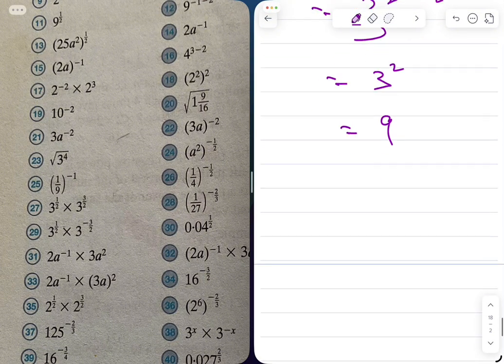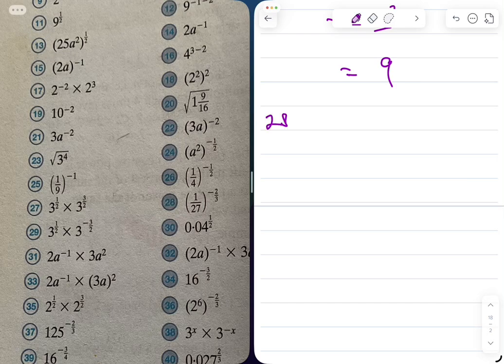Now to the next, which is number 28. Number 28, 1 over 27 raised to power minus 2 over 3.